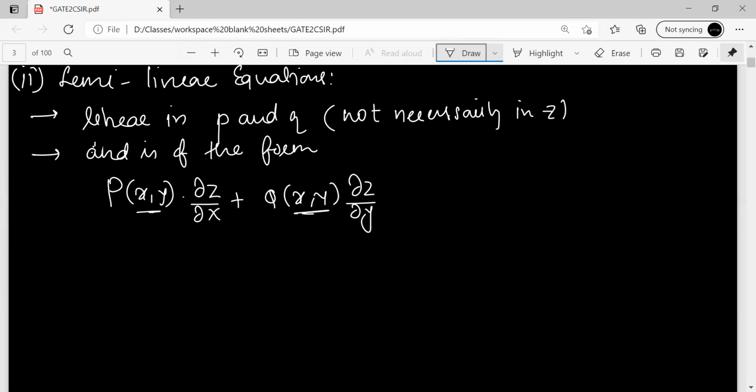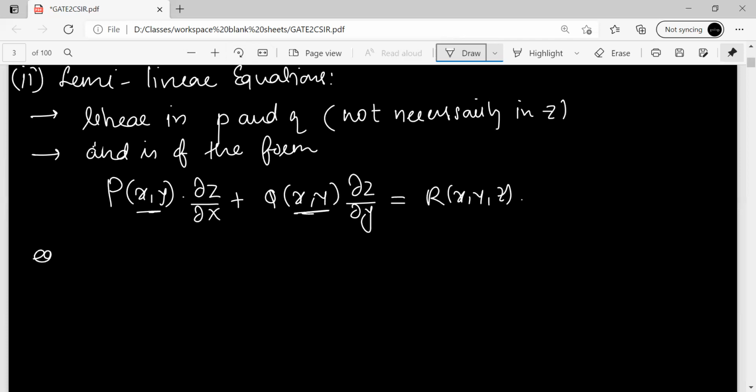So if an equation is linear, it is automatically semi-linear. And this will be equal to r of x, y, z. Since there is no restriction over z, I'm not writing it.